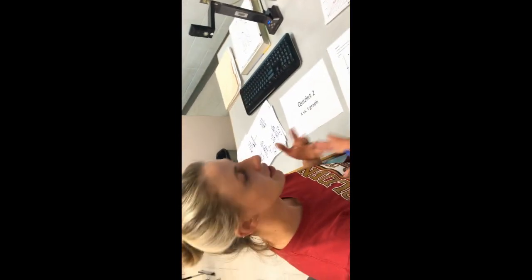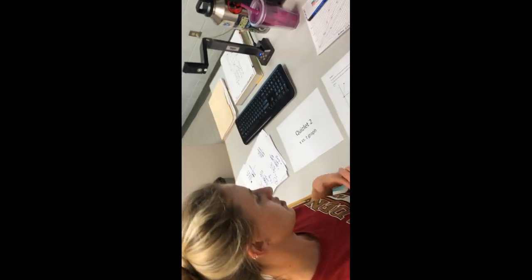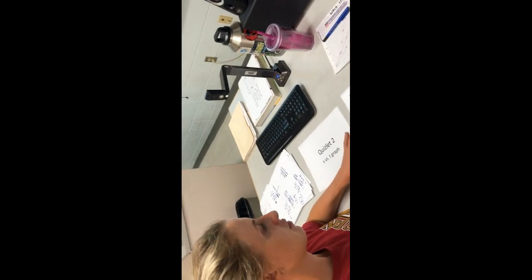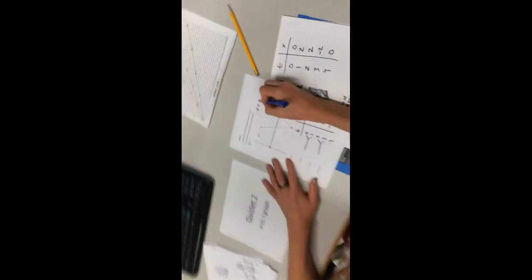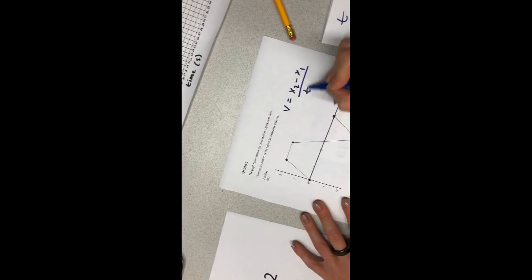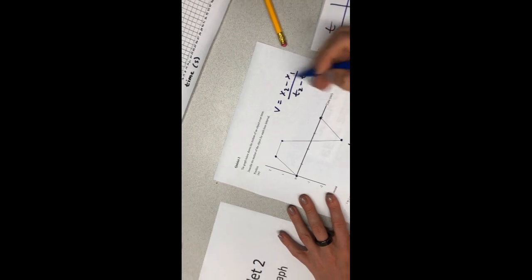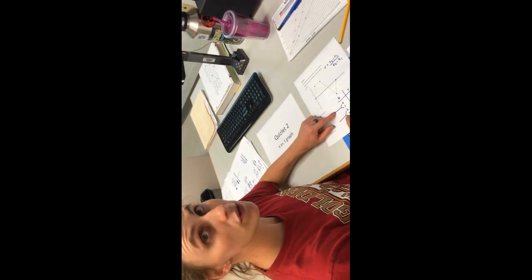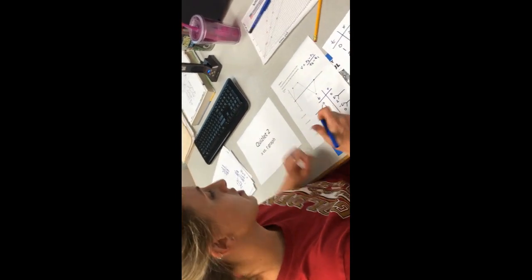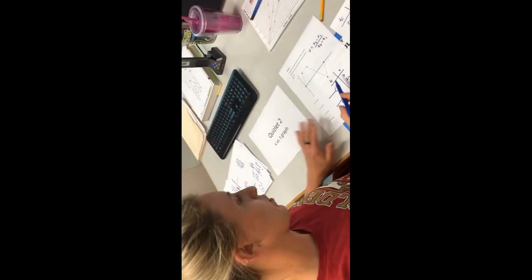Okay, and what are we looking at here? Well, again, we're looking at the slope, the velocity. The slope of the line is the velocity. So don't forget my equation, velocity equals x2 minus x1 over t2 minus t1, and we're going to use this here. I'm going to calculate this first one with you guys, just to show you how it works.